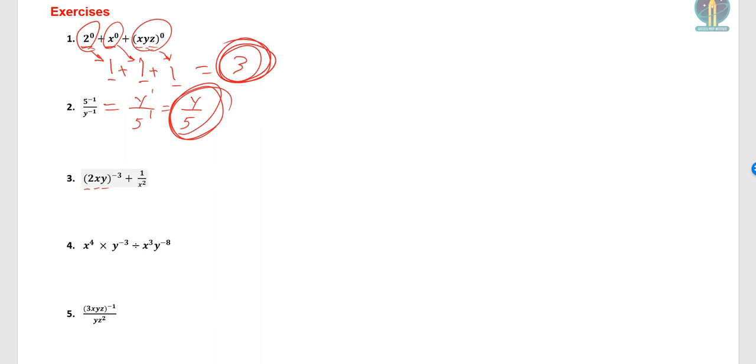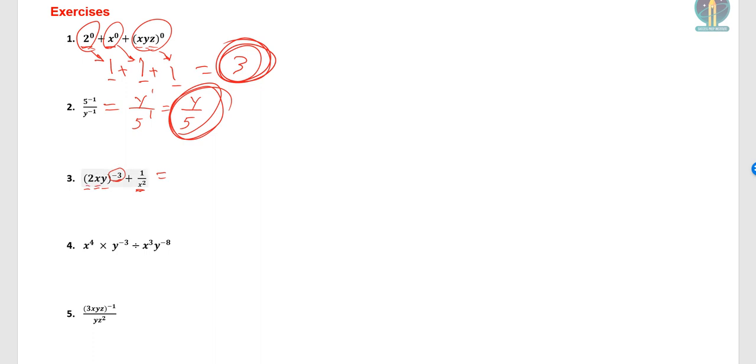Okay, 2xy all to the minus 3 power plus 1 over x squared. So 2xy all to the minus 3, again, you take the reciprocal, keep the absolute value of the power, but take the reciprocal of the whole thing. In this case, you do apply the operation of the power to all of these items in the term.